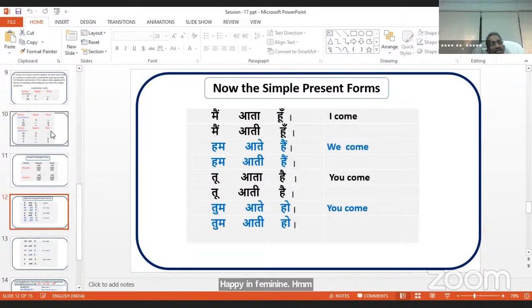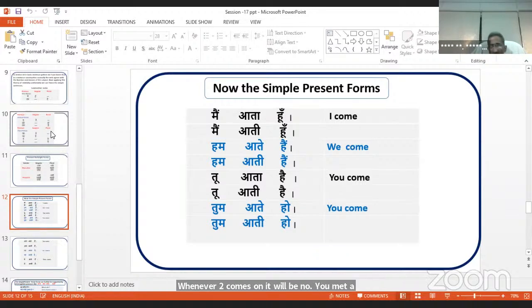Tum आते हो, तुम आती हो. The peculiarity of the subject tum is that whenever tum comes, we have to give ho. Whenever main comes, it will be hoon. Whenever hum comes, it will be hain. Whenever tu comes, it will be hai. Whenever tum comes, it will be ho.